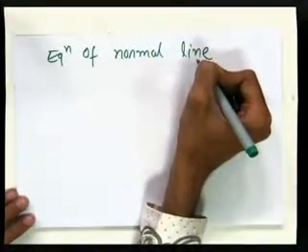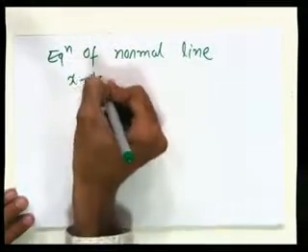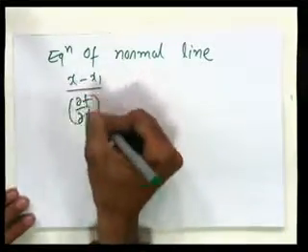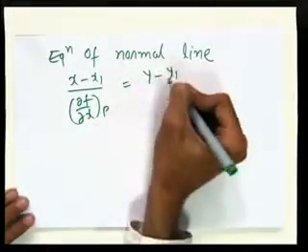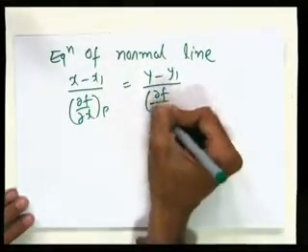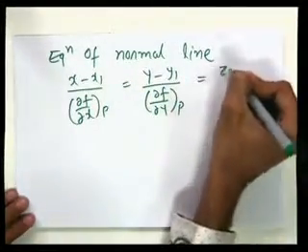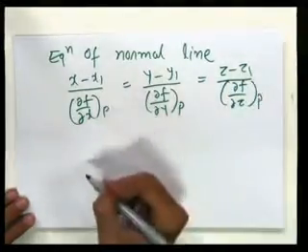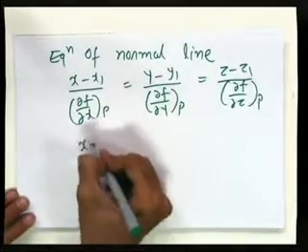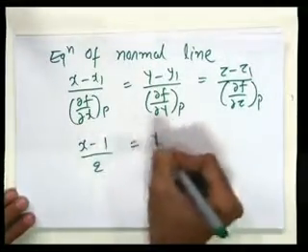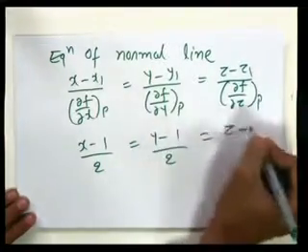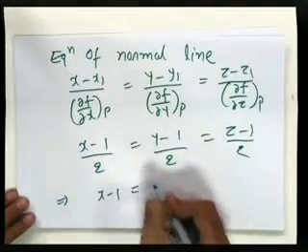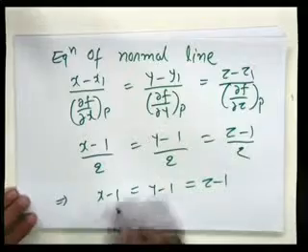Equation of normal line is equal to (x minus x1) upon del f by del x at the point P, (y minus y1) upon del f by del y at the point P, and (z minus z1) upon del f by del z at the point P. So here the equation is (x minus 1) upon 2 is equal to (y minus 1) upon 2 is equal to (z minus 1) upon 2, which is also written as x minus 1 is equal to y minus 1 is equal to z minus 1.